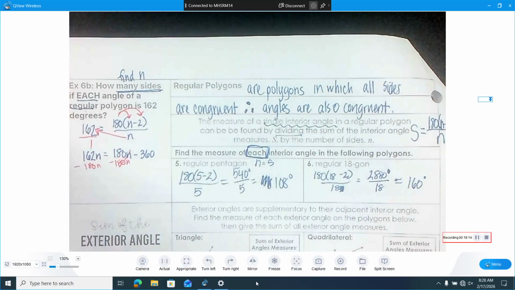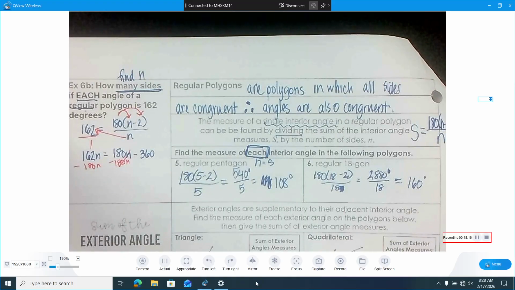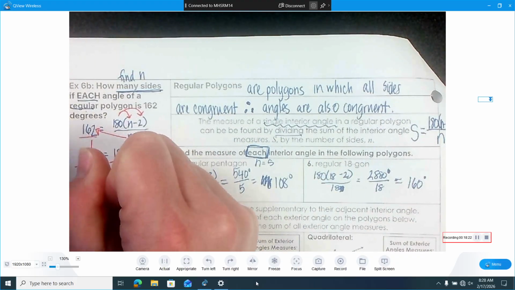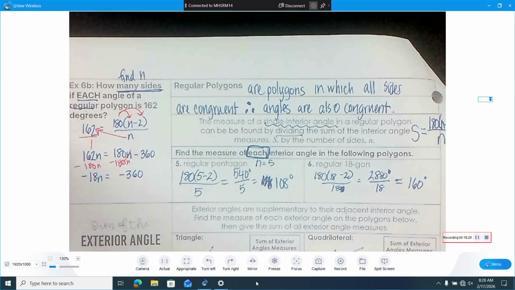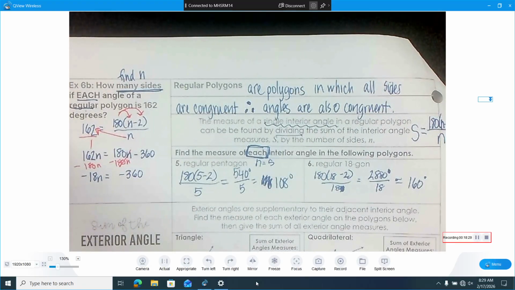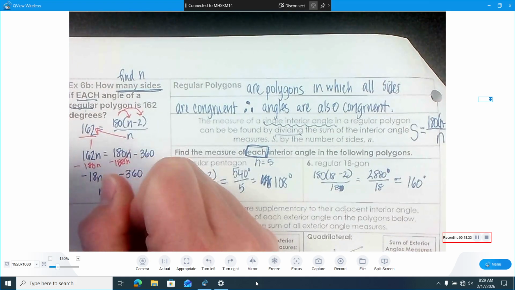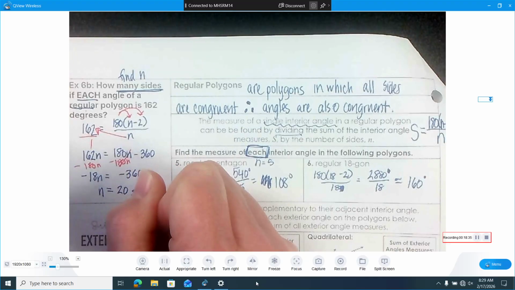Move the n's so they're on the same side. 162 minus 180. I don't know math today. So negative 18n equals negative 360. And then, yep, divide by negative 18. So we get n equals 20 sides.